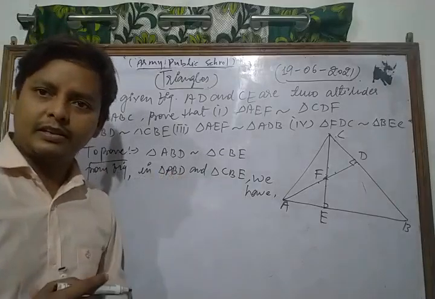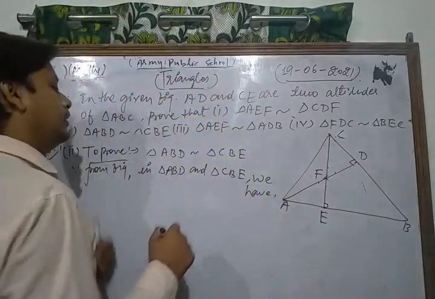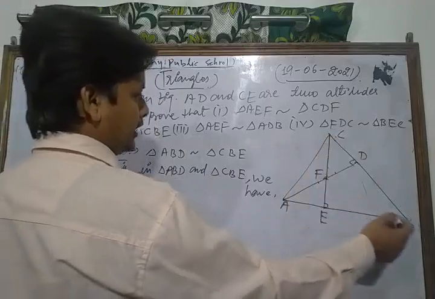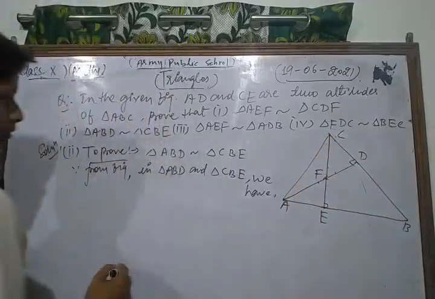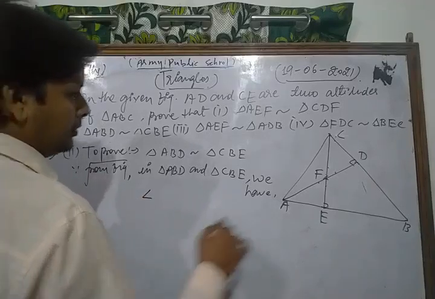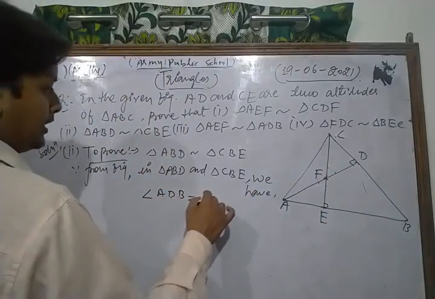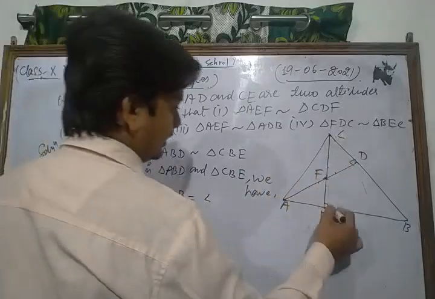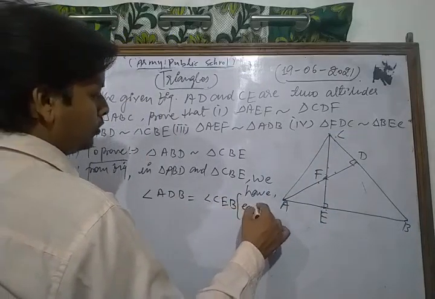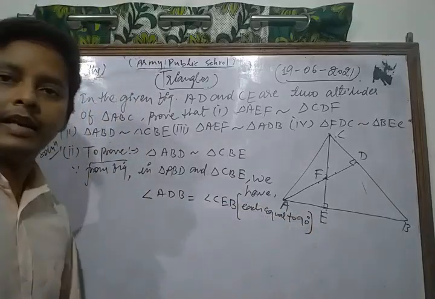In triangle ABD and triangle CBE, angle ADB is the same as angle CEB. This is each equal to, what, dear friends? 90 degrees.